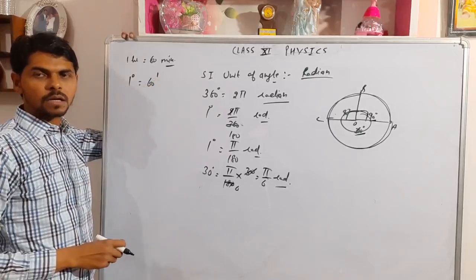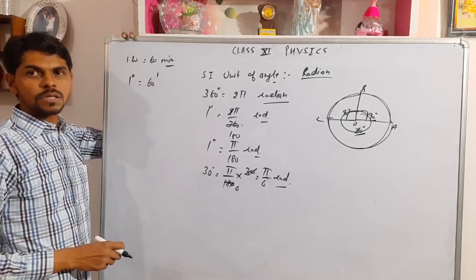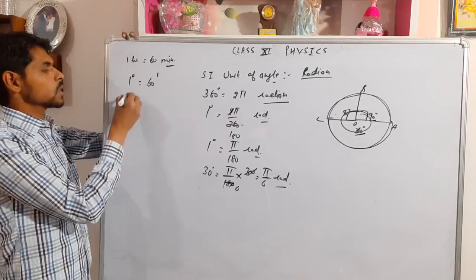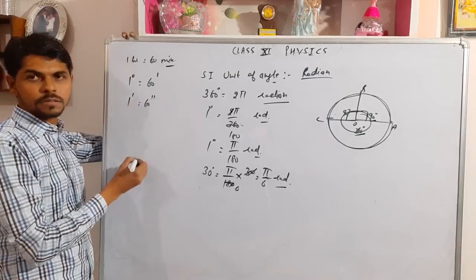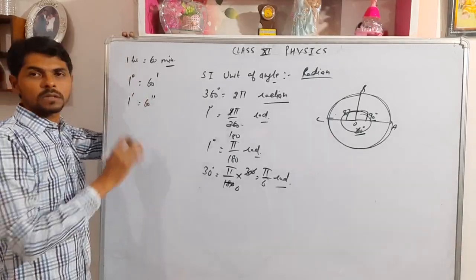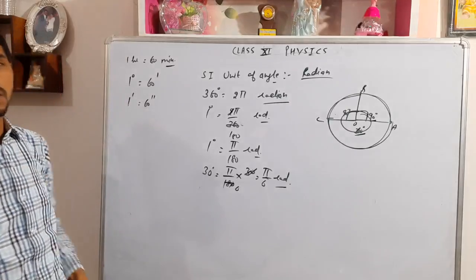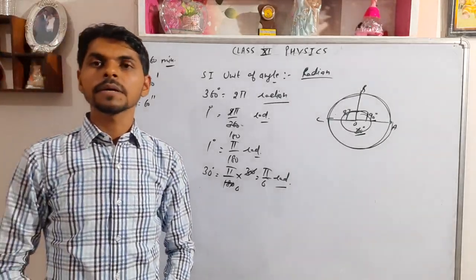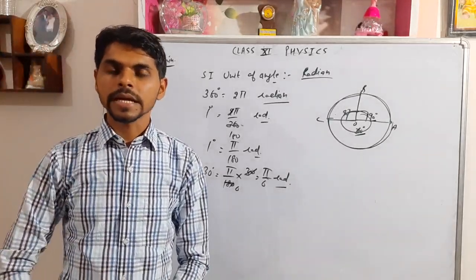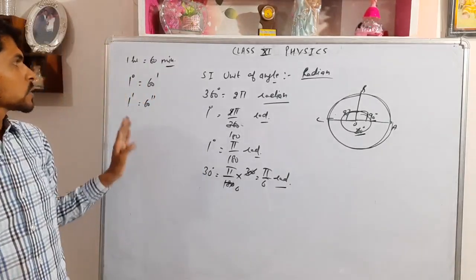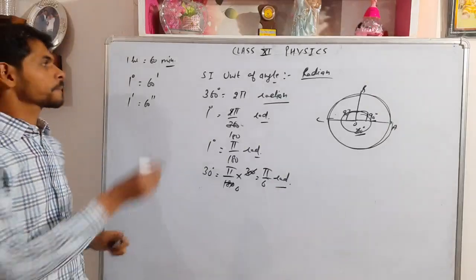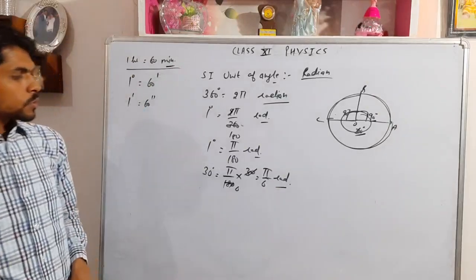Now 1 minute also has 60 seconds. In angles, there is 1 minute angle and 1 second angle. 1 minute is equal to 60 seconds and 1 degree is equal to 60 minutes. As with time, the angle also has smaller values.